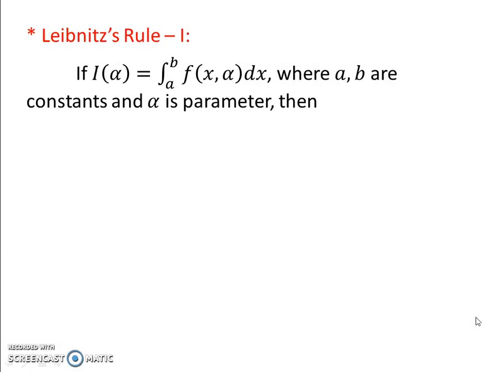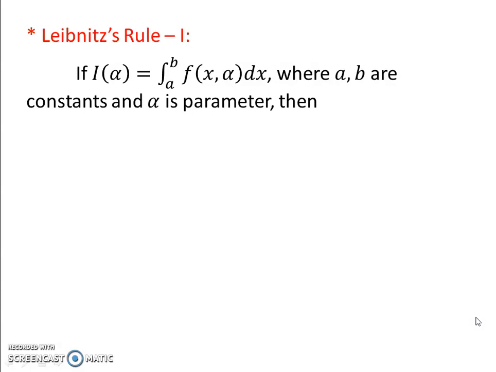So, integration of the form a to b f of x, alpha dx, where a and b are constants, we denote it by I of alpha. So, we consider I of alpha as integration a to b f of x, alpha dx. As we have seen, alpha is a parameter.